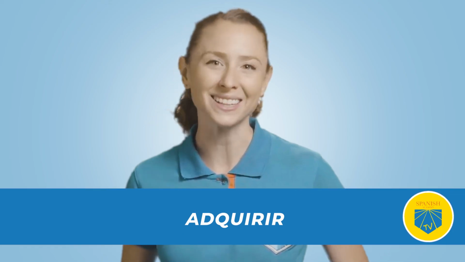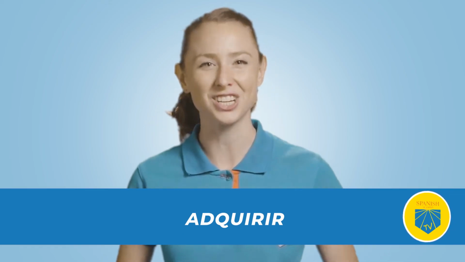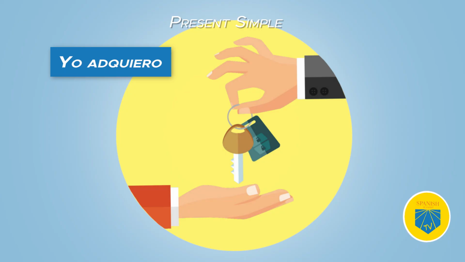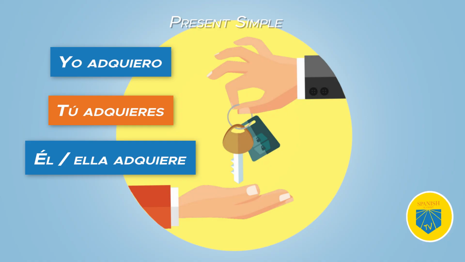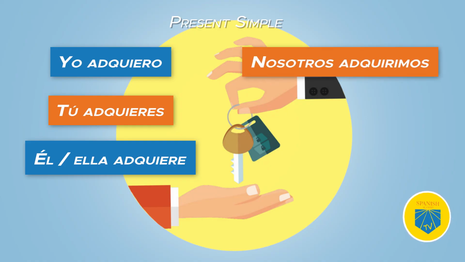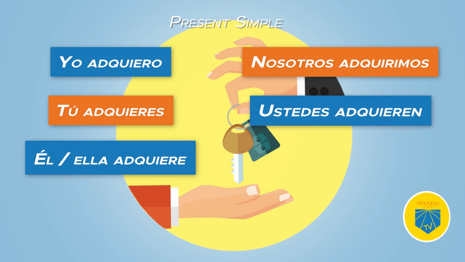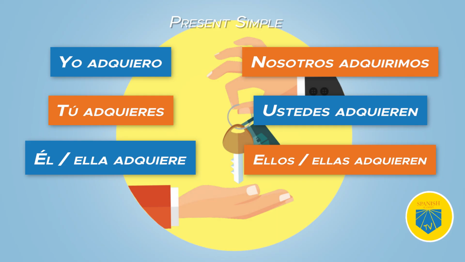Using adquirir as an example, the conjugation is yo adquiero. Tú adquieres. Él, ella adquiere. Nosotros adquirimos. Ustedes adquieren. Ellos, ellas adquieren.